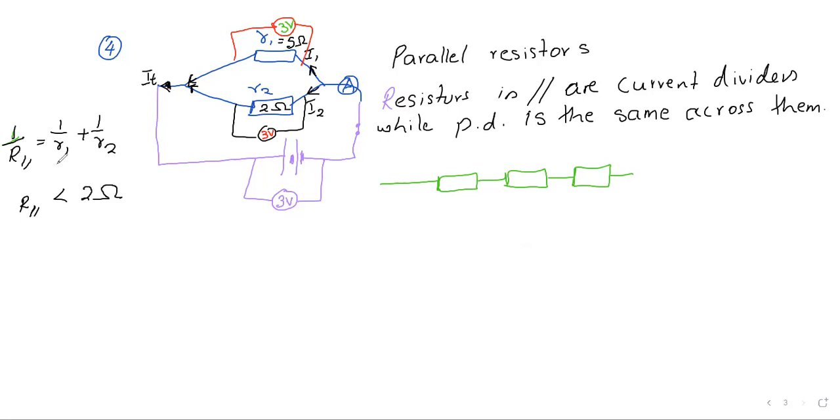In your calculation, if your parallel combination is equal to or greater than 2 ohms, you need to have a look at your calculation, something is wrong there. Always, the equivalent resistance of a parallel combination will be less than 2 ohms. You can do your arithmetic there.